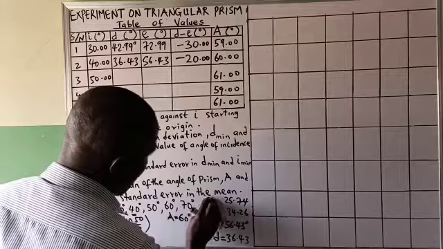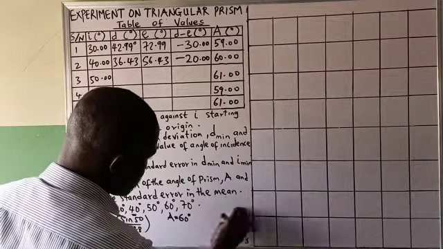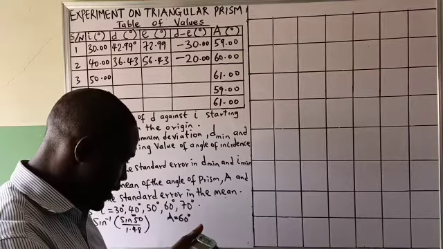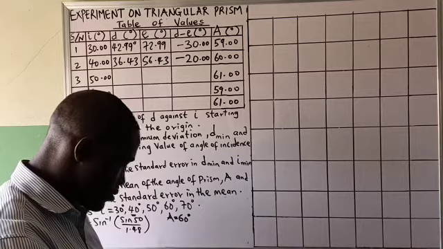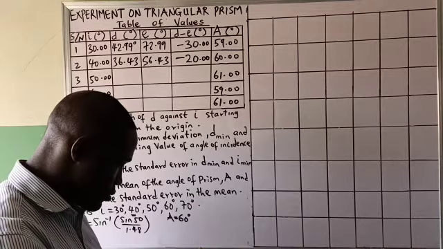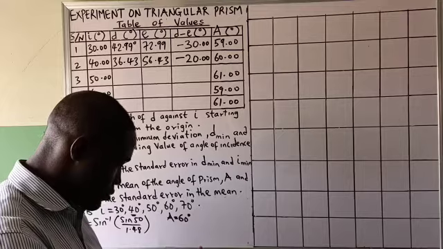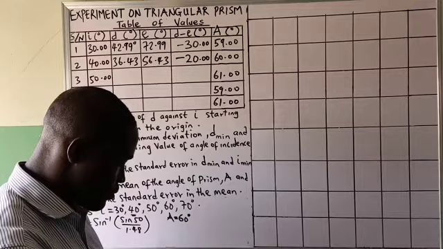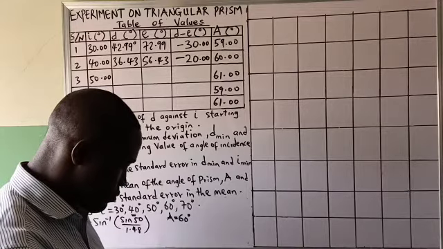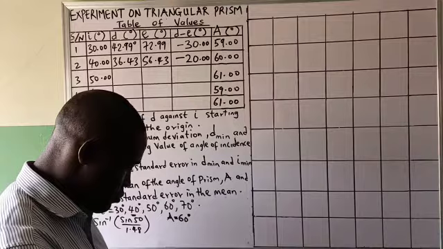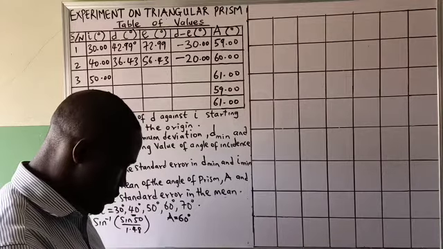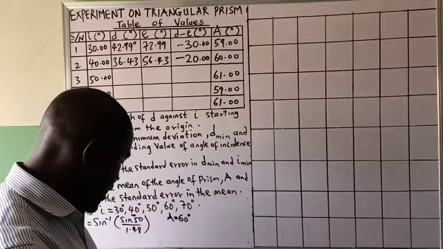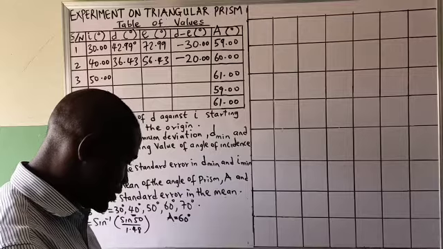You press it in your calculator, shift sine bracket sine 50 divided by 1.48.